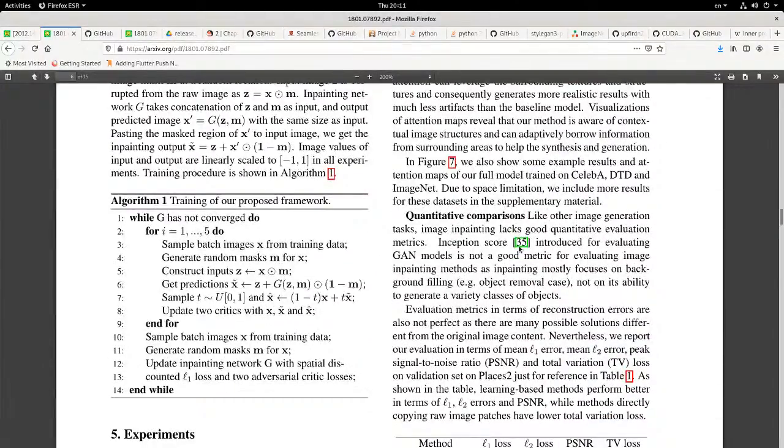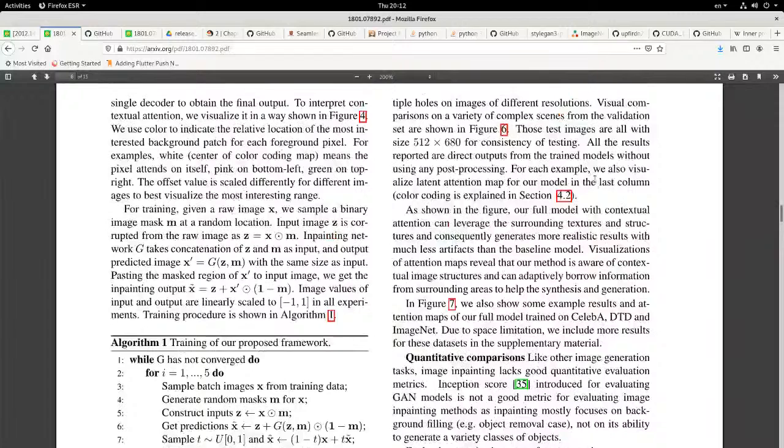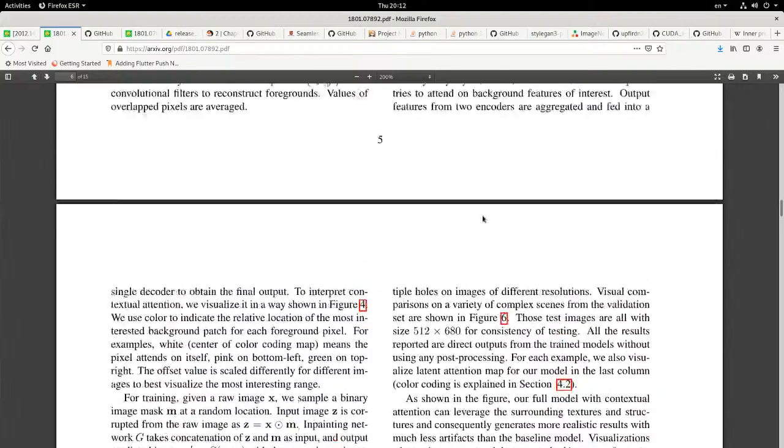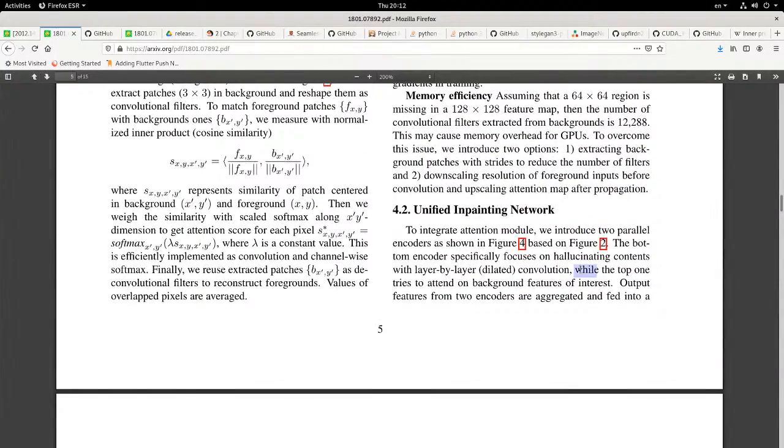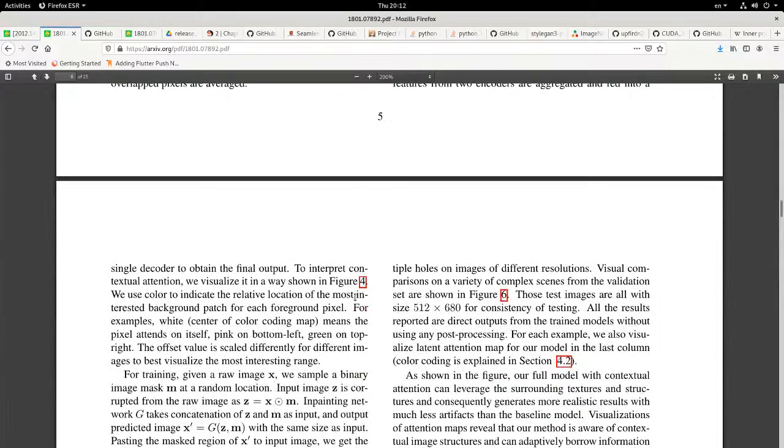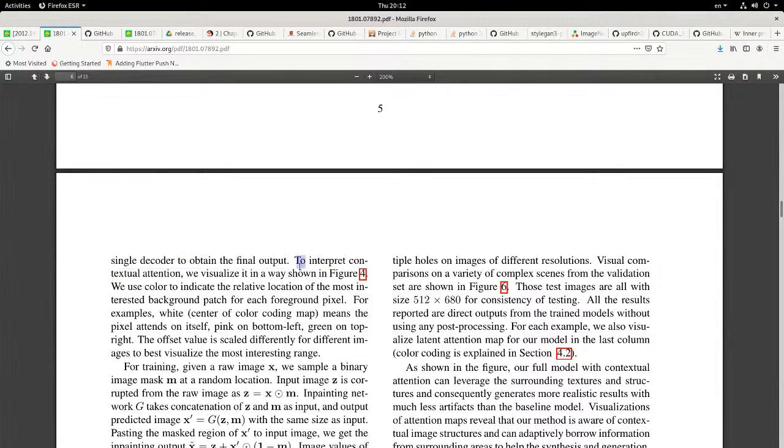Interesting. What if you used attention outside? Wait, is that what they do? See, this is my problem, that I don't understand what they're doing. Unified inpainting, okay. The top one tries to attend to background features of interest. Features from two encoders are aggregated and fed into a single decoder to obtain the final output.